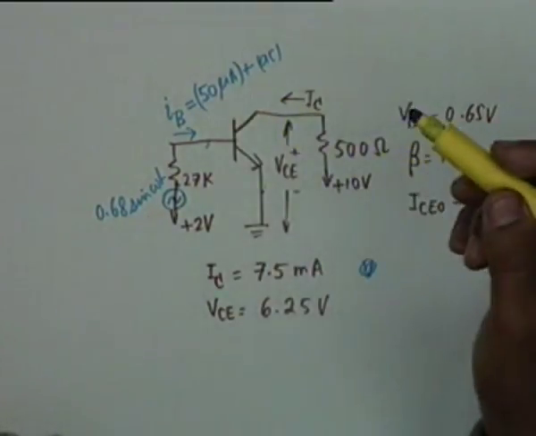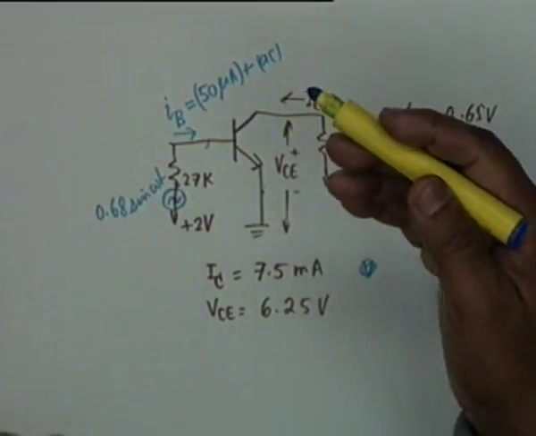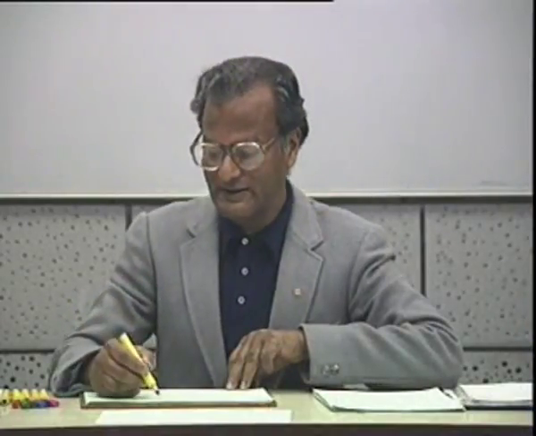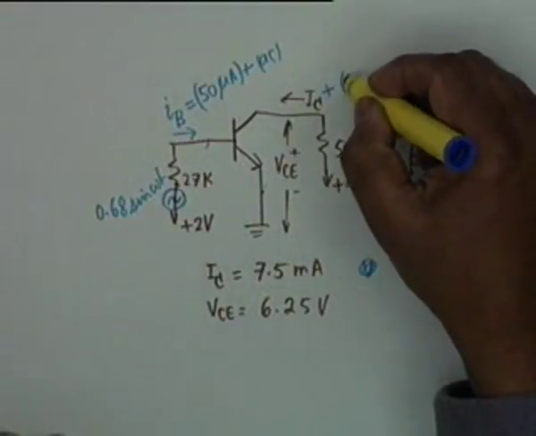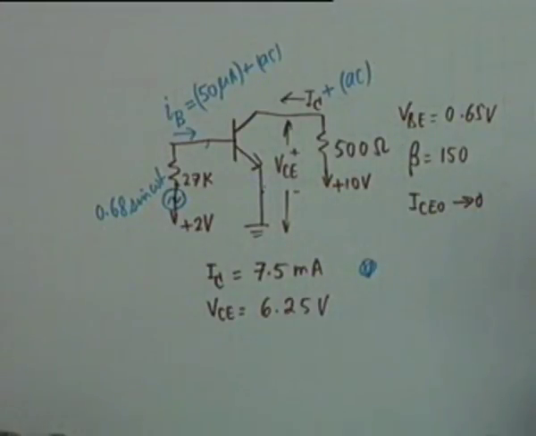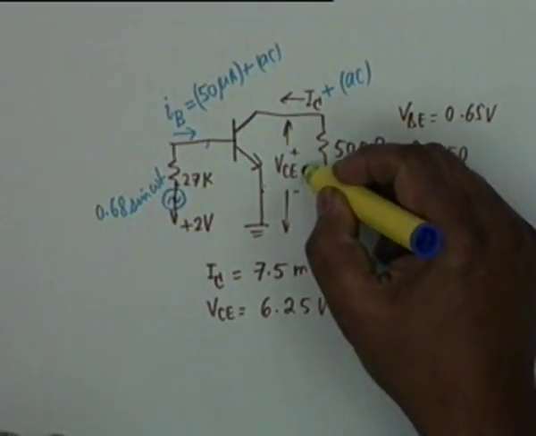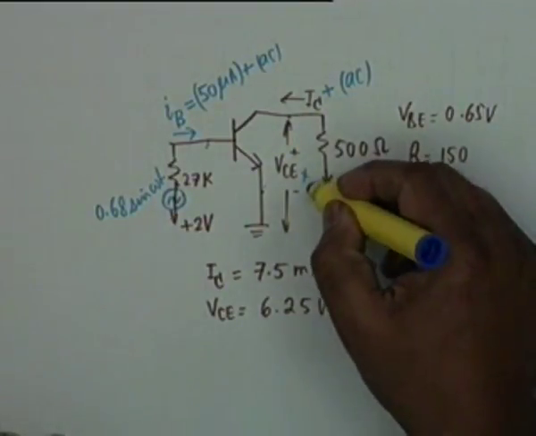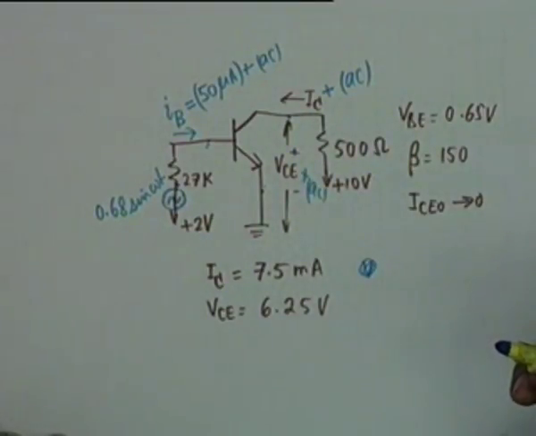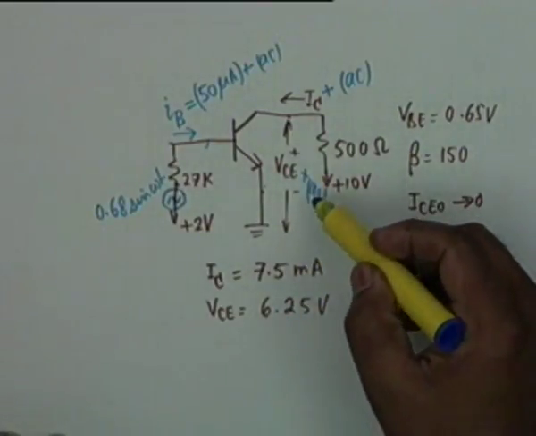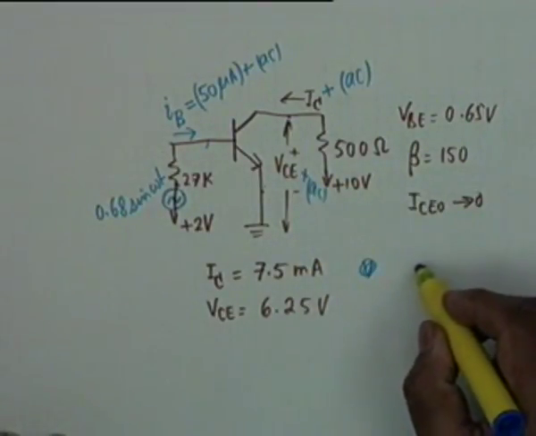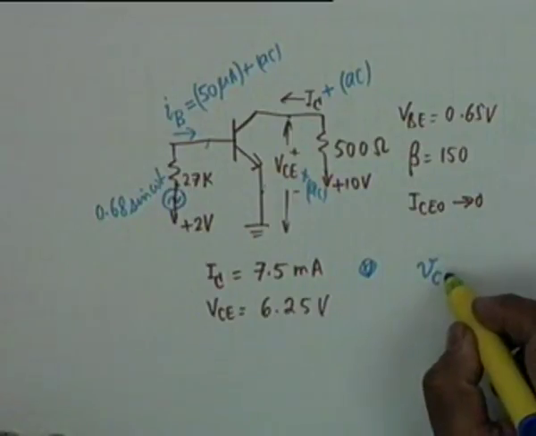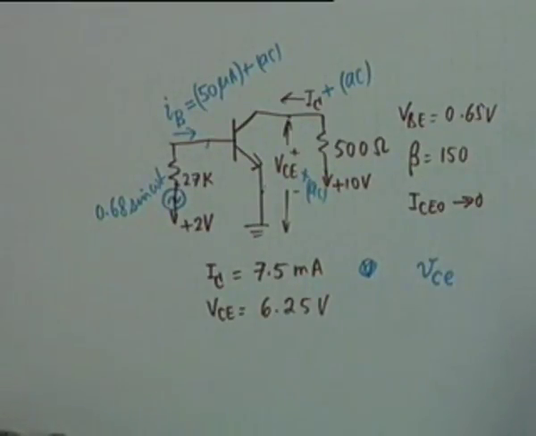Now if the base current has an AC component, naturally the collector current shall also have an AC component, and the voltage between the collector and emitter shall also have an AC component. We want to find out this AC component, which obviously we shall denote by VCE.